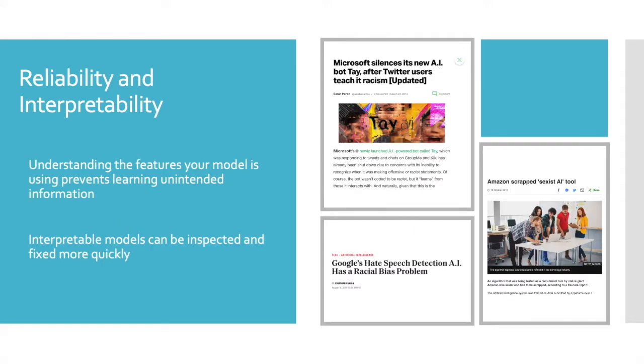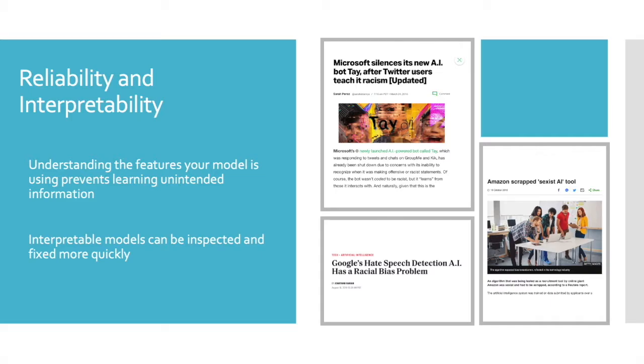The second is the need for reliability and interpretability. There has been a trend towards deep learning models which perform really well on large amounts of data, but they may pick up trends in your data that you don't want them to, because real-world data naturally has bias.